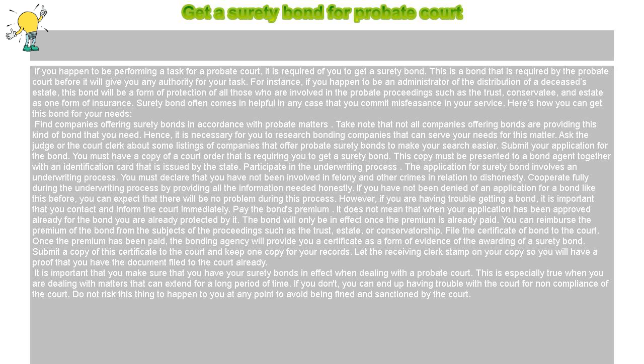If you have not been denied of an application for a bond like this before, you can expect that there will be no problem during this process. However, if you are having trouble getting a bond, it is important that you contact and inform the court immediately.